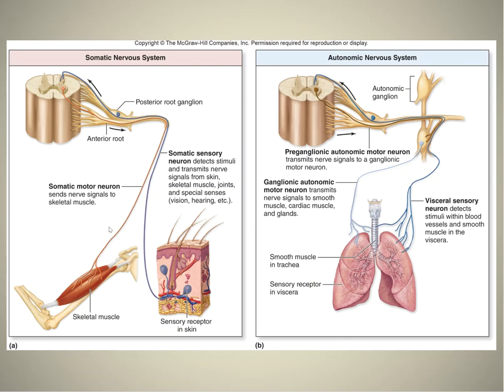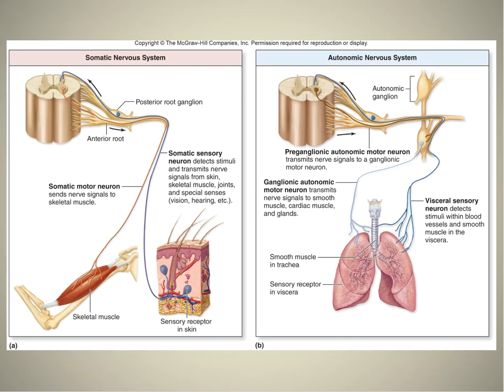The somatic motor neuron sends signals to skeletal muscle that we can control. Whereas on the right, the autonomic nervous system has a visceral sensory neuron that detects things that we cannot perceive, and then on the motor side, sends out information to muscles or glands that we do not control.